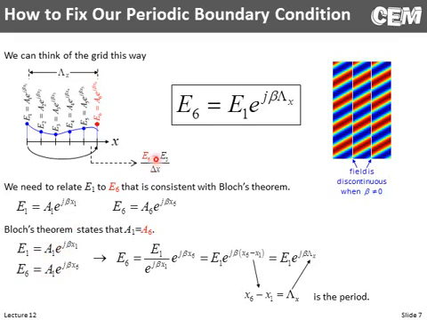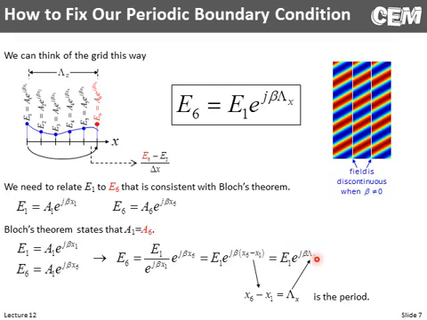But our boundary condition requires an E6, so we want E6 in terms of E1. Let's combine these equations, and it turns out that E6 all by itself, so this is the combined A1 times e to the j beta x sub 6, ends up equaling E1 e to the j beta lambda x, where lambda x is the period.